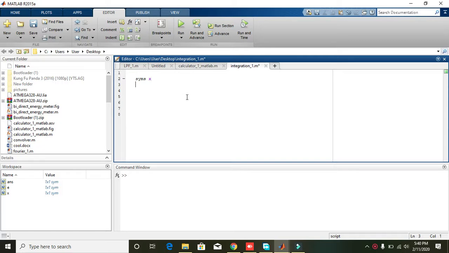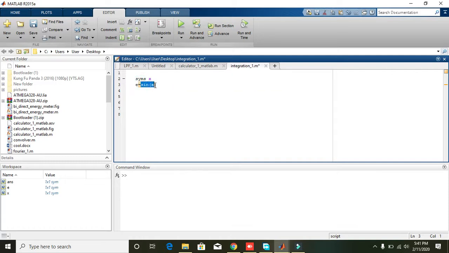Okay, then after the declaration of the variable, we can write a function like e is equal to sine of x. So in this, sine of x is a function and it is stored in e.